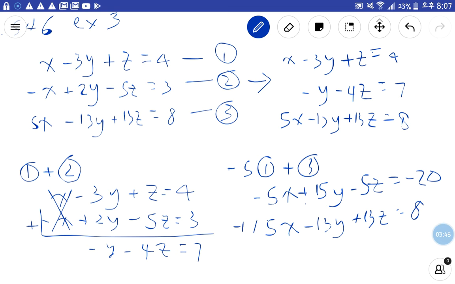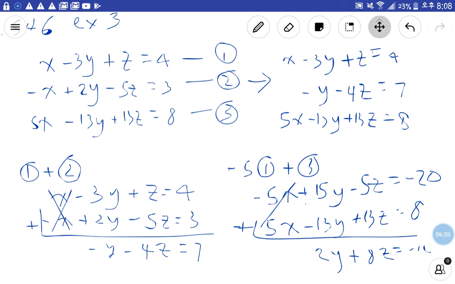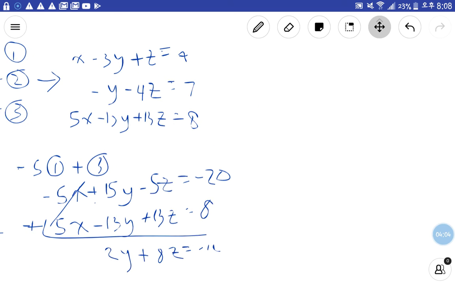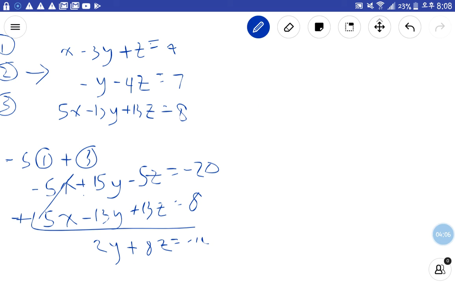If I add them up, I can cancel my x out, and I'm going to have 2y plus 8z equals negative 12. Right?